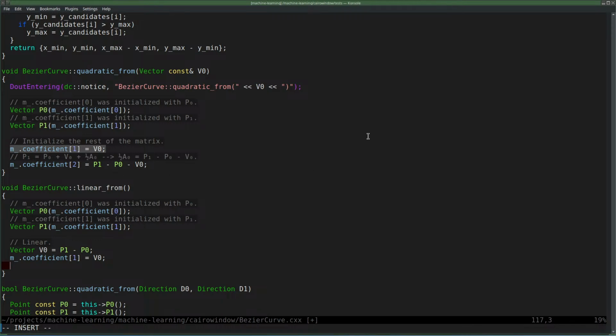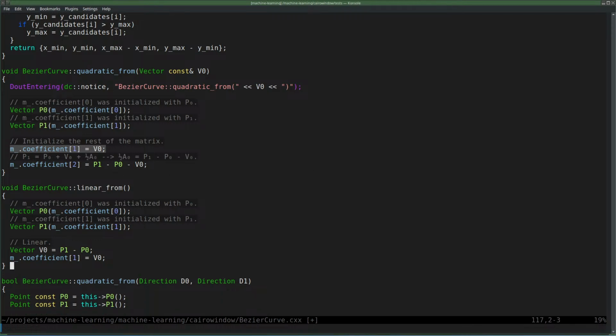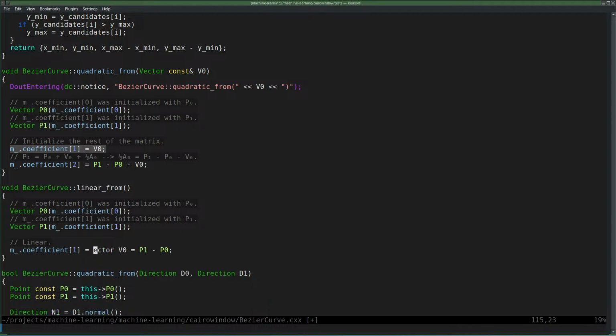Yeah, this is already set to 0. Might as well do it like this then. I could call this function passing P1 minus P0.